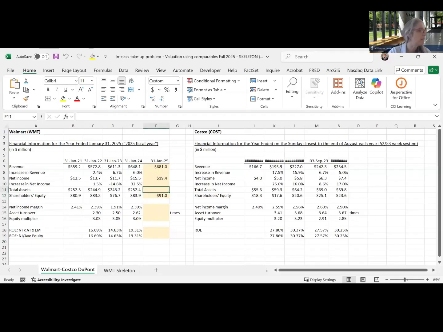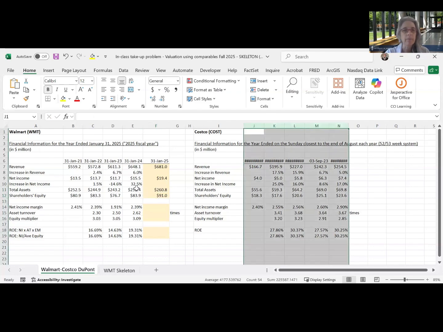Sorry, I didn't do total assets. We didn't have to worry about non-controlling interest for that. So that's 260.8 from the 10K. You can just put that number in yourself. Okay, so we've got the 4 numbers that we need.